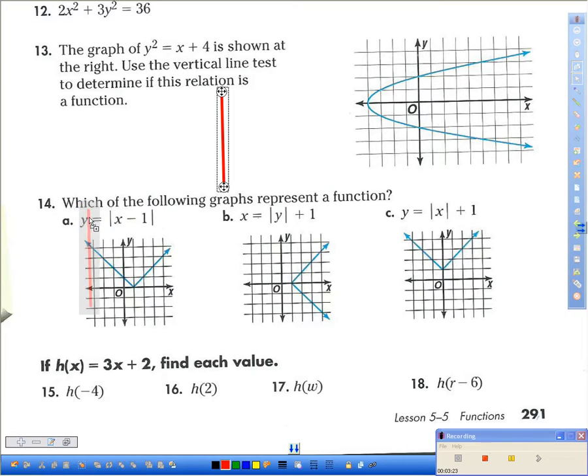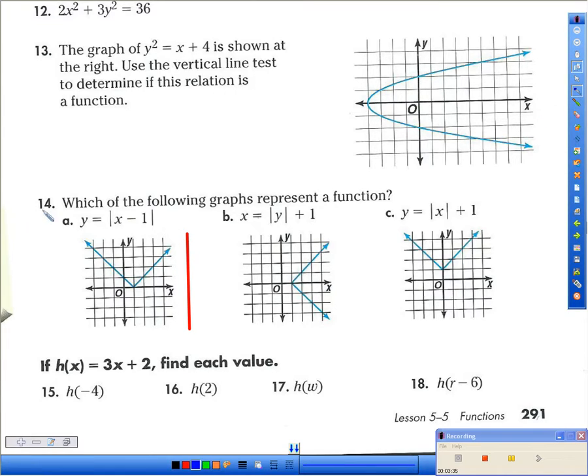At every point in time, as we move that red line across graph A, we're going to see that it's only touching that blue line in one place at all times. With that being said, we know that A is going to be a function, because it only touches one part of the graph at one time.